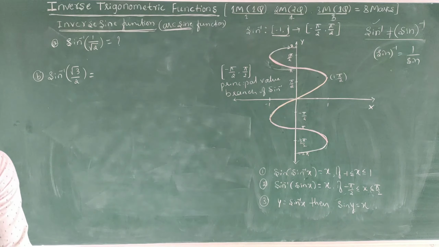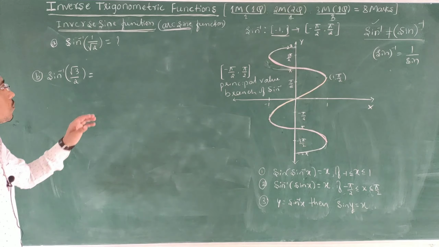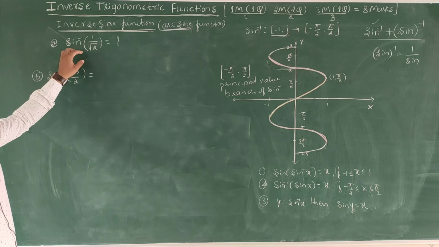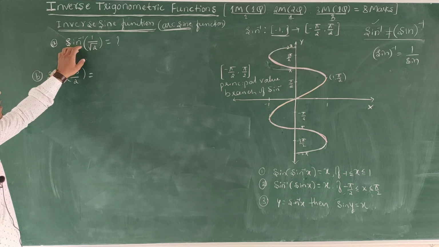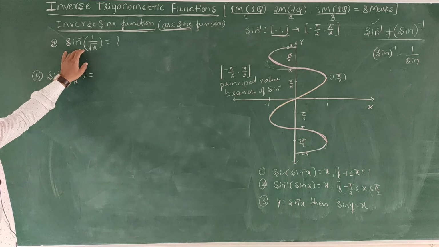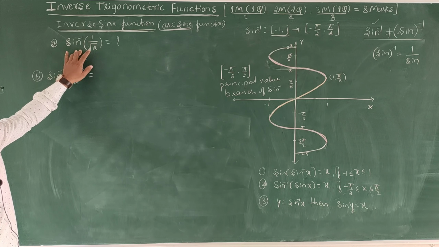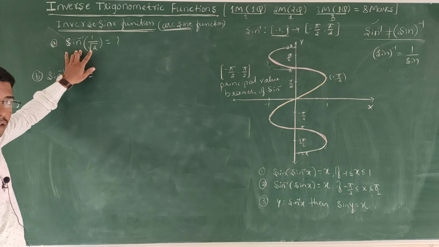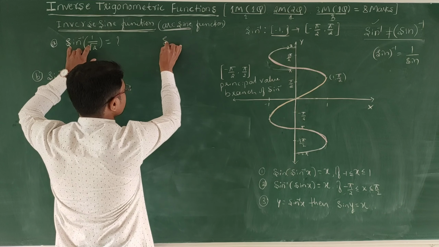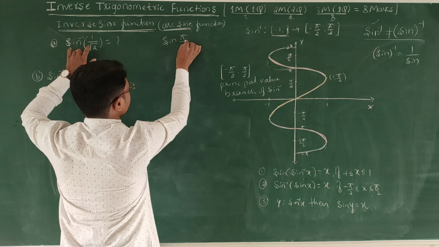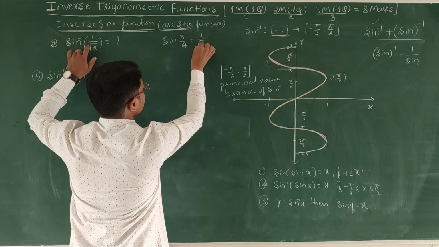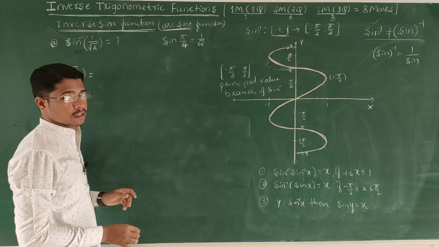So see here students, we know the value of sine pi by 4, that is sine 45, is 1 by root 2. See here, sine pi by 4 is equal to 1 by root 2, right?